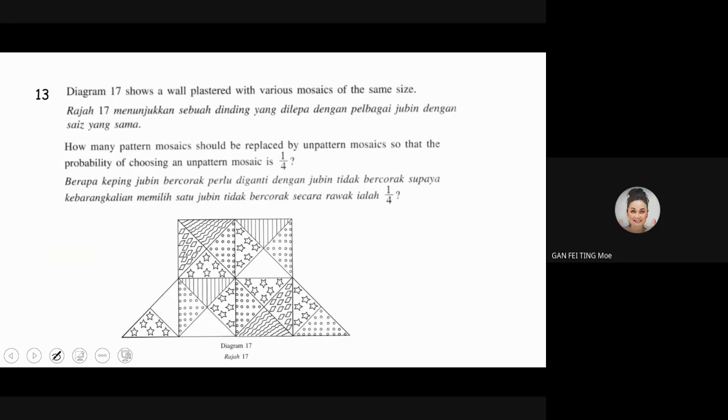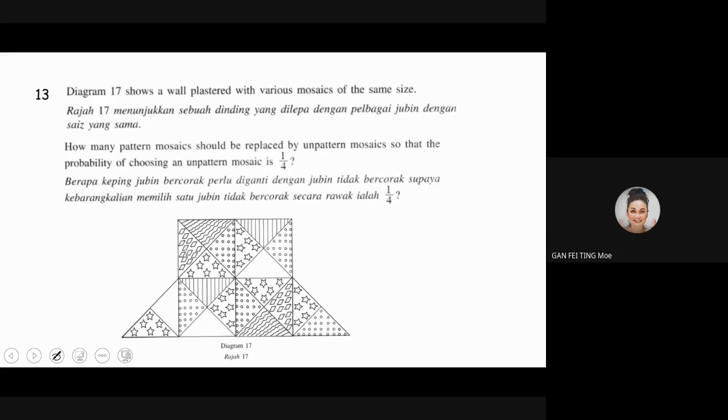So then we continue. This is also a very interesting question. I will say this is a hot question, but it is very easy. What is so complicated? A lot of words and the diagram. Diagram 17 shows a wall plaster with various mosaics of the same size.